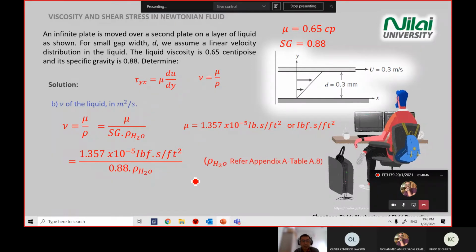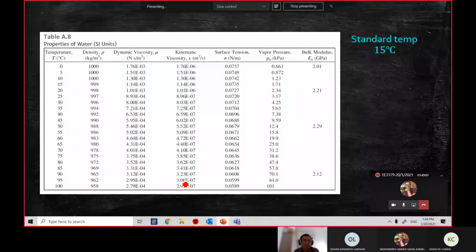So the next table we're going to look at is Appendix A. If you have the file Appendix A, open the document, look for table number 8, A8. I'm going to show you the table. So open the document Appendix A, look for table A.8, meaning table number 8, property of water.